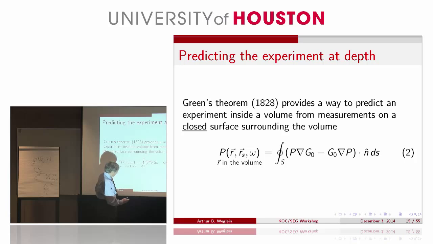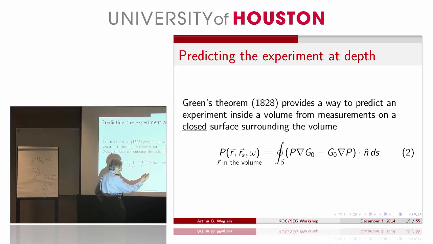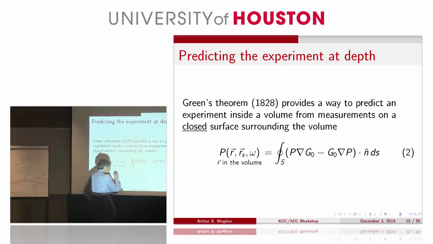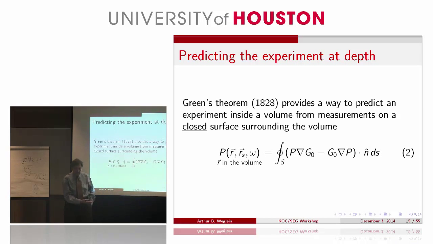So the point is, what we want is, where we can't assume the wave is moving up, how do we arrange for this to predict a wave inside the volume where I only need measurements on top, because that's all we have seismically. That's it. So all we do is we arrange for the Green's function and its normal derivative on the bottom both to vanish. That's all. Arrange for the Green's function and its normal derivative to vanish.